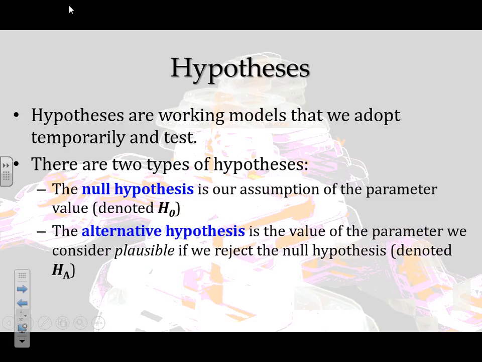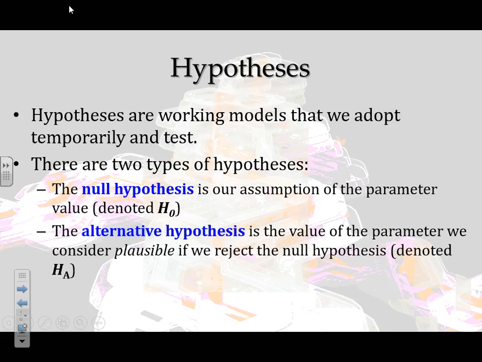The second hypothesis is what we call the alternative hypothesis. The alternative hypothesis is the value of the parameter we consider plausible if we end up rejecting the null.